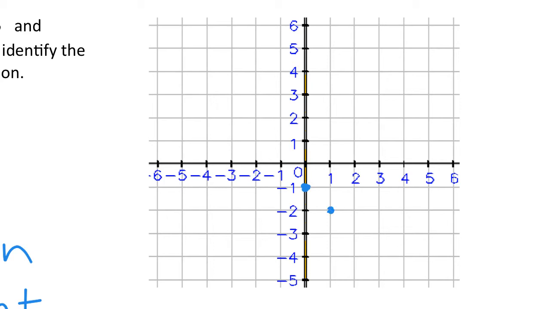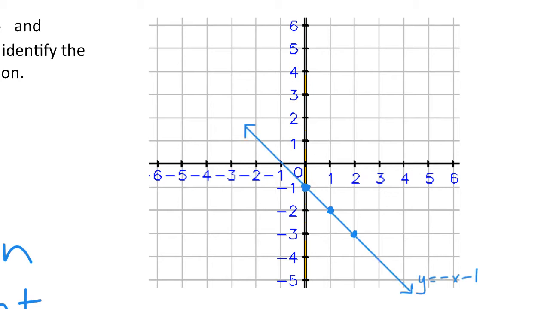Remember, you should always try to plot at least 3 points on your line, so we're going to repeat the same process one more time. From my second point, I'm going to go 1 unit down and 1 unit to the right, which takes me to a point of 2 and negative 3, and I'll place a third point there. Once you've plotted your points, you can join them together with a straight line.